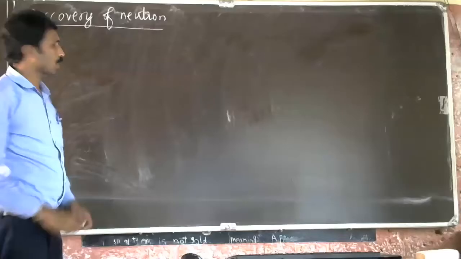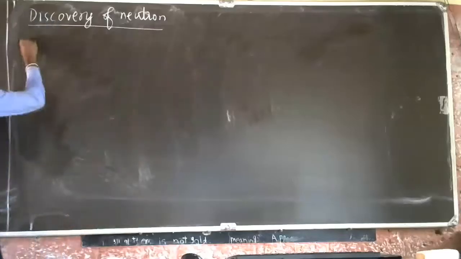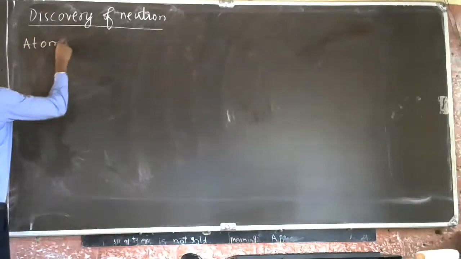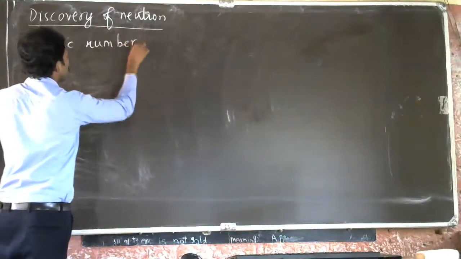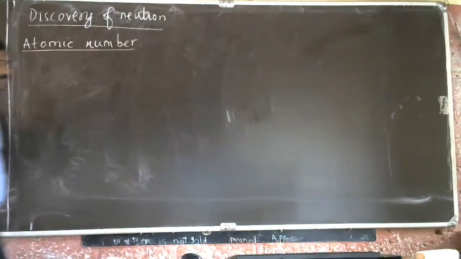Before going to the discovery of neutron, I will tell you about this also. Then we'll start with atomic number. Why am I telling this atomic number first? After this, we'll go to the discovery of neutron.